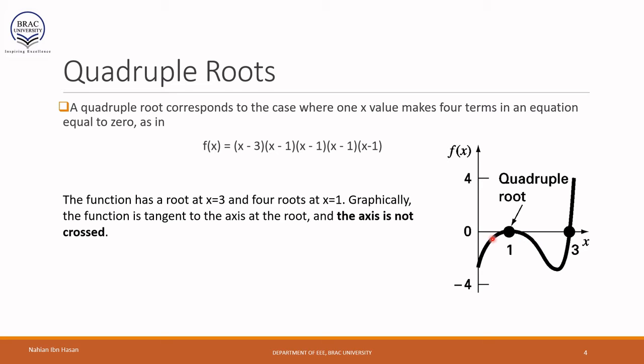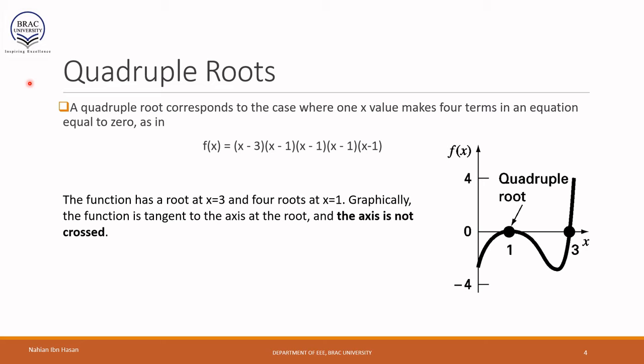But the question is, even with the double root our function touched the x-axis, and with the quadruple root our function is also touching the x-axis. So how are we going to interpret this result, whether this point contains 2 roots or 4 roots? That's the main problem here for multiple roots.